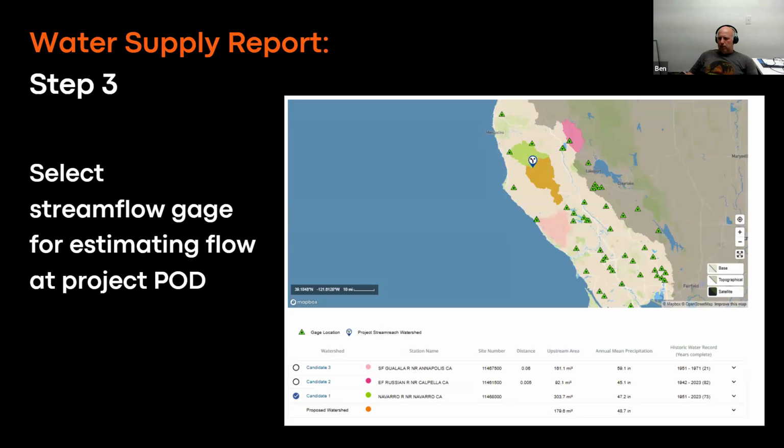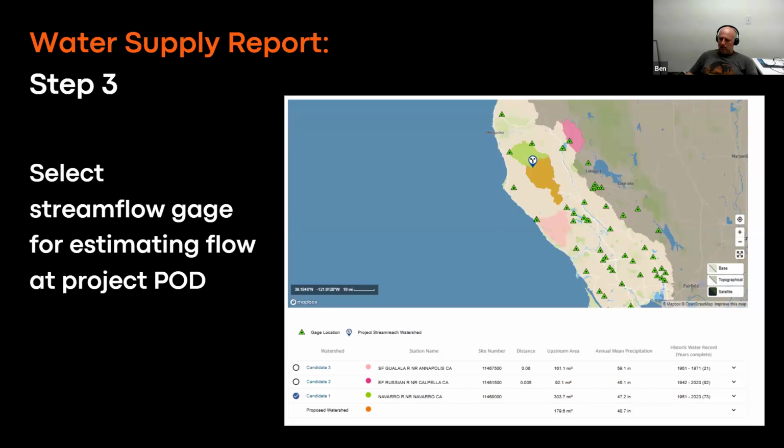So once you get past that point of defining your demand, the next step is to identify which gauge you would like to use for the evaluation of your project. So we facilitate the selection of a gauge with a recommendation engine that compares your project watershed with the watersheds of existing stream gauges which meet the test for the policy.